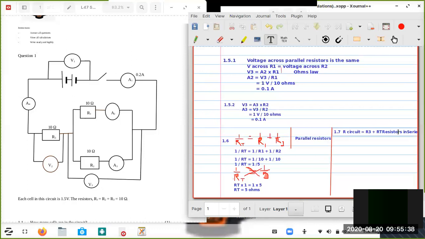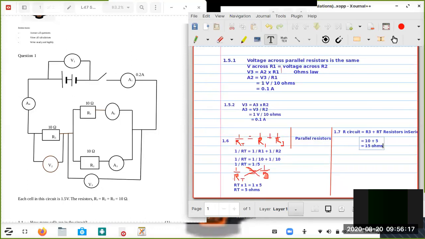That's the reason. Then from there, I'm just going to substitute, so it is now equal to R3. R3 is 10 ohms, plus the total resistance for those that are parallel, which is 5 ohms, right? Then it goes to 15 ohms.